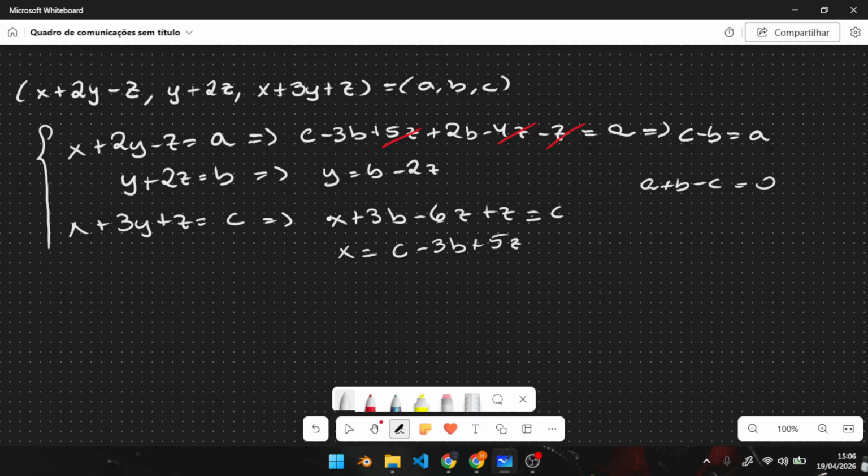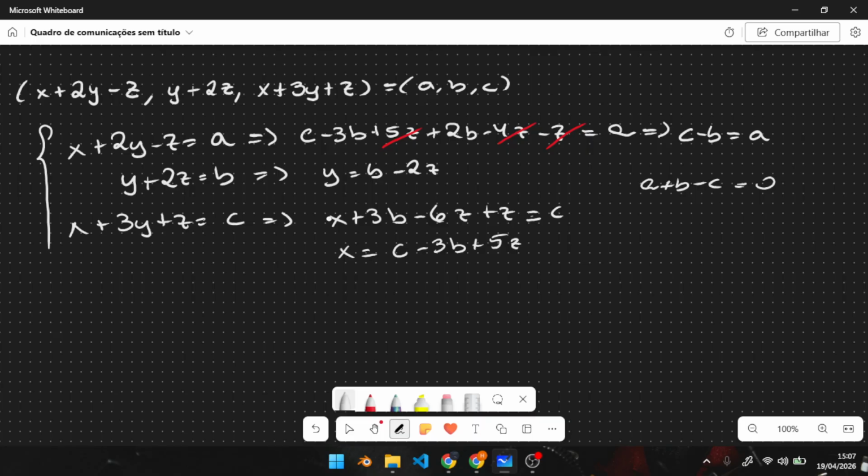So now we have a relationship between the numbers in all the vectors in the image. Okay, so you can say that the vectors in the image, so that's the vectors that belong to W, which are the answer for a transformation of the vectors in V, need to follow this rule right here.